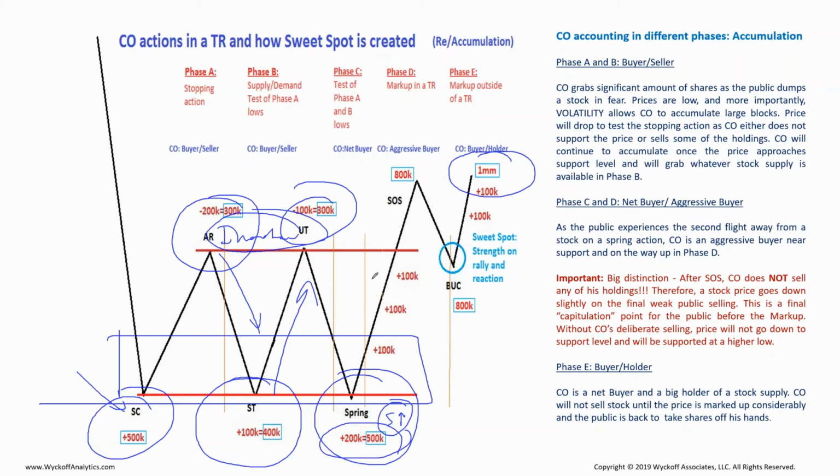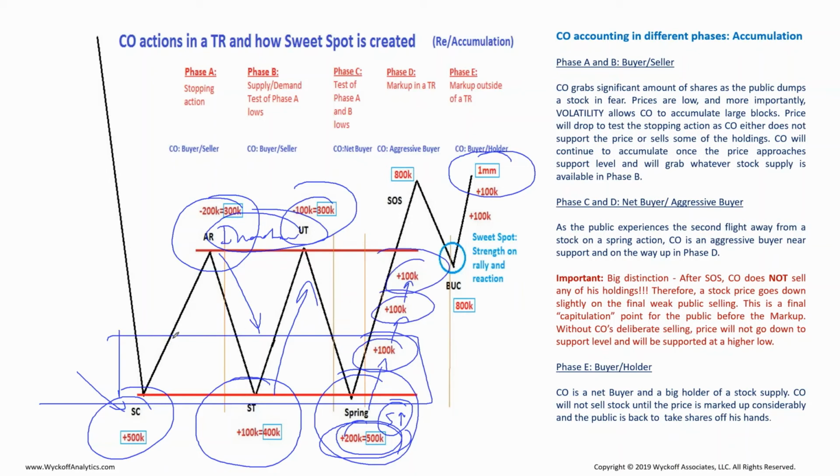Supply is in strong hands, or the majority of the supply, or significant supply is in strong hands. And now if the CO is buying more, then the price is going to start moving up much more rapidly, much faster. And at this point, CO might be buying on the way up, and it can't hide it anymore.